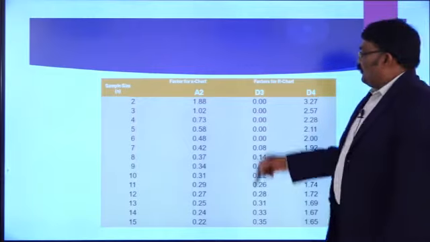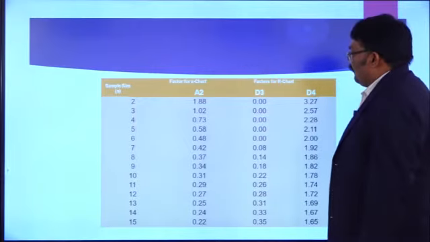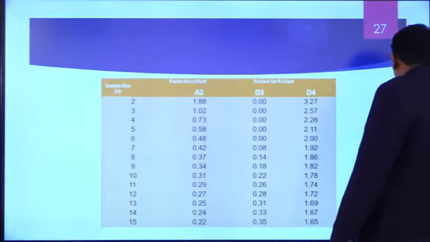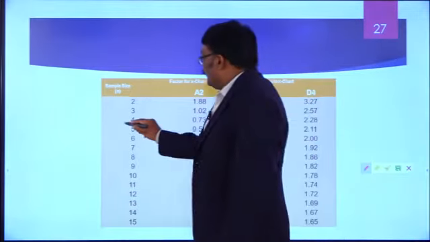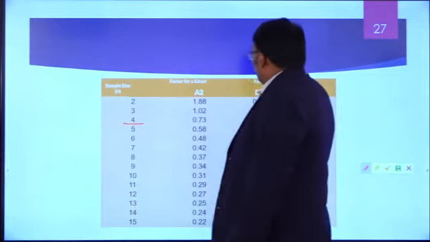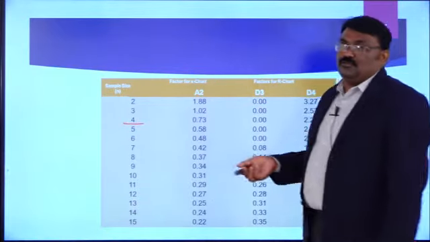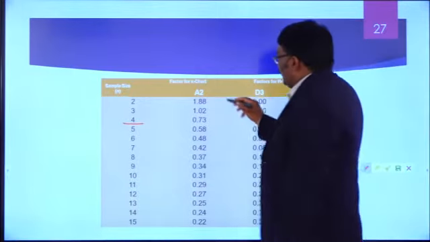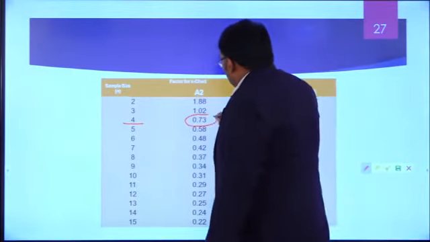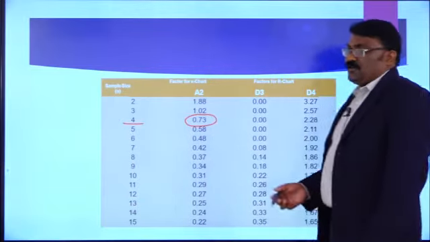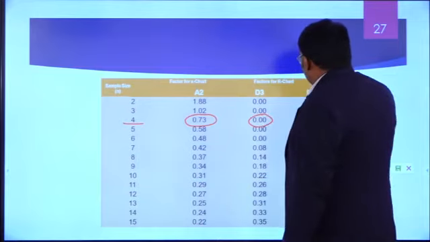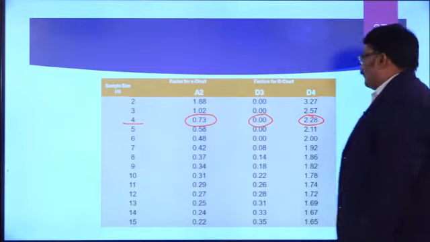Now, if you see the value 0.73, what is the sample size actually? Sample size n is how much? 4. This table chart will be given to you. In that table, the A2 constant value is 0.73, the D3 value is 0, and the D4 value at that point is 2.28.